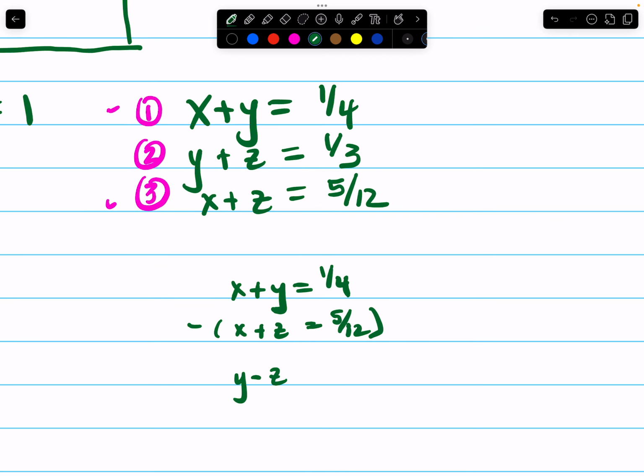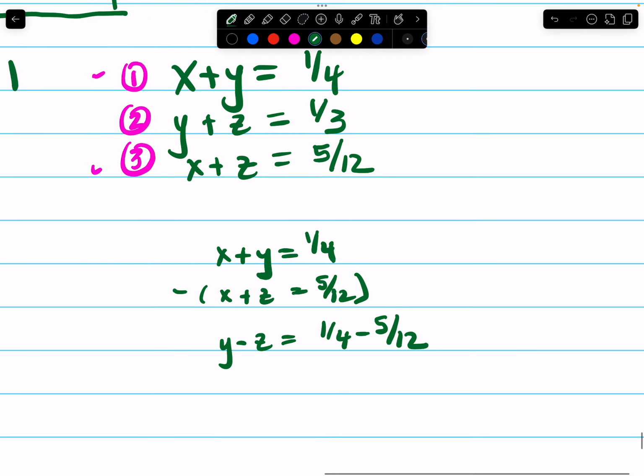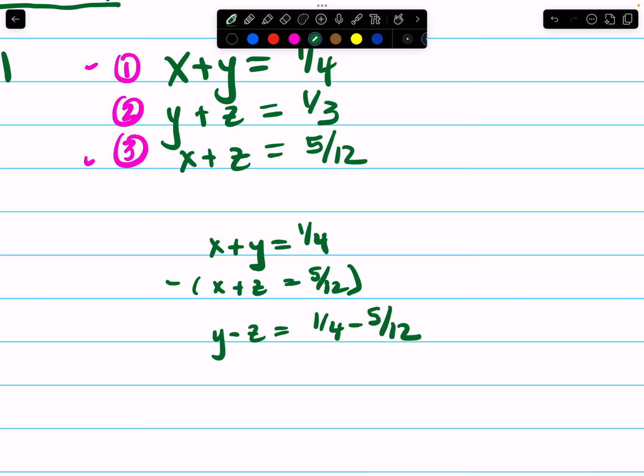Y minus Z equals 1/4 minus 5/12. We just got to do a little common denominator. So 1/4 is really 3/12. So when we combine that, we get a negative 2/12 or a negative 1/6. So Y is equal to Z minus 1/6.